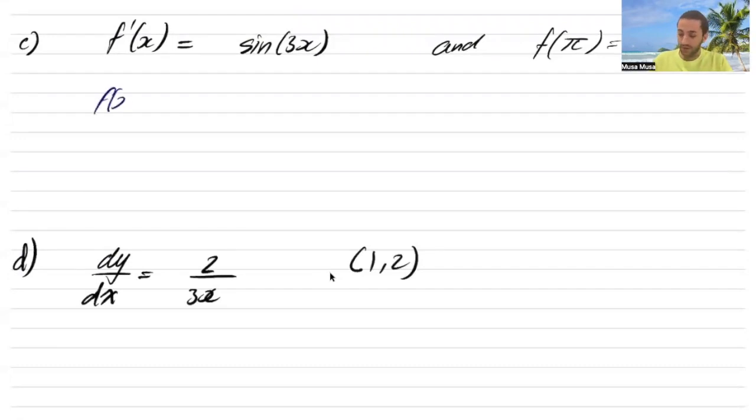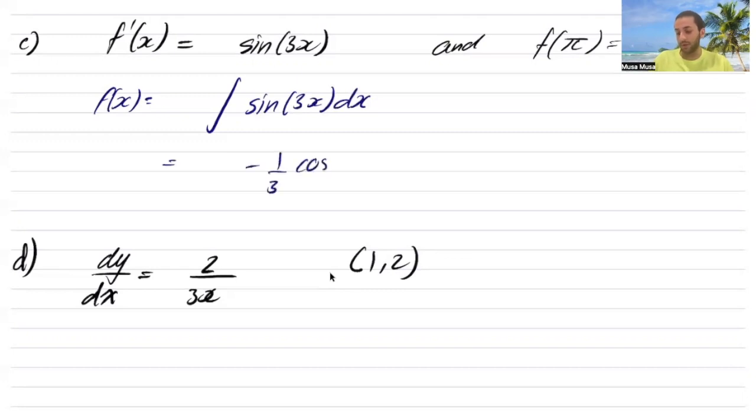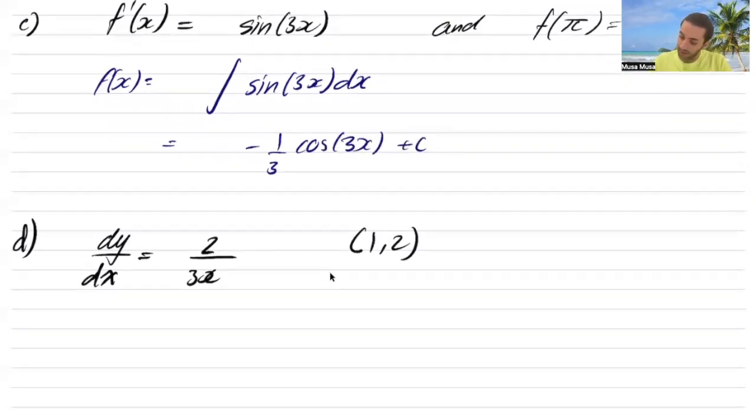So f of x is just going to equal the integral of sine of 3x dx, which is going to equal negative 1 on 3 cos 3x plus c. When you sub in pi, you get 2. So minus 1 on 3 cos of 3 pi. That's the same as cos of pi.